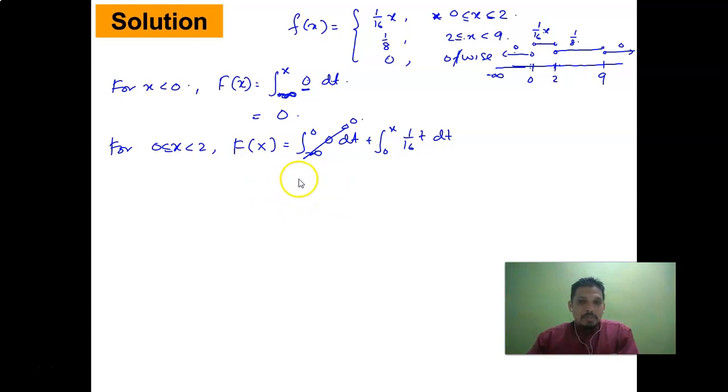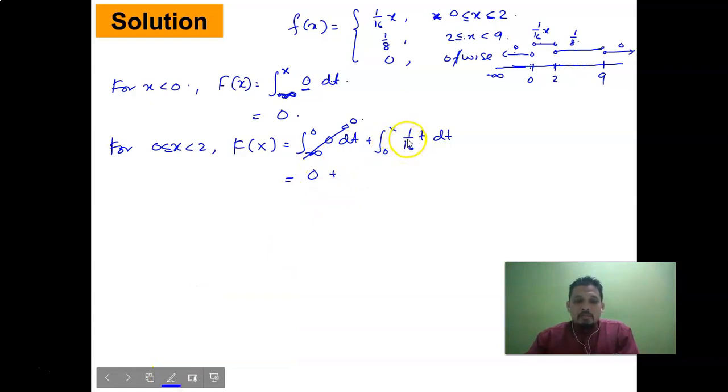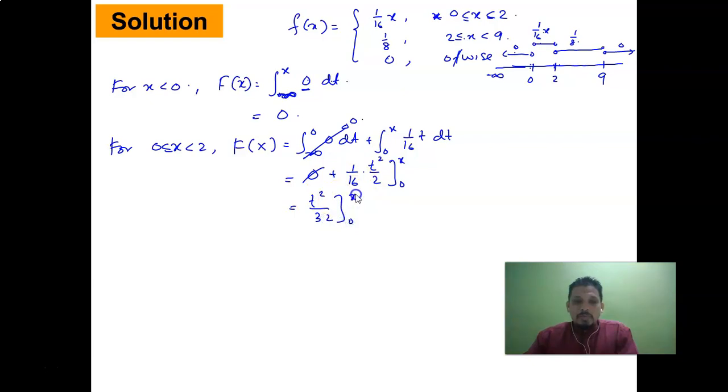So this one gives you 0, and this one here is 0 plus the integral of 1 over 16 t, which is 1 over 16 times t square over 2, from 0 until x. So ignoring this, this one here is t square over 32 from 0 until x.